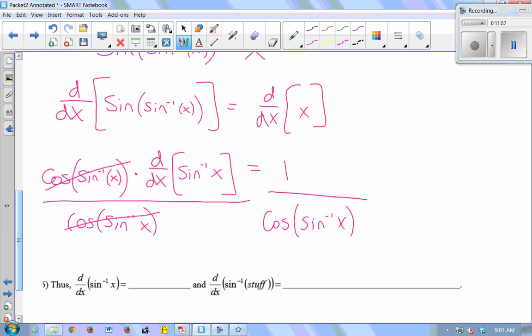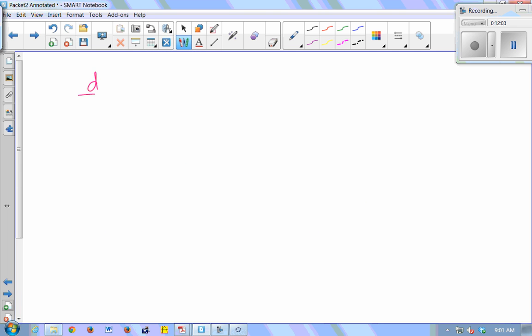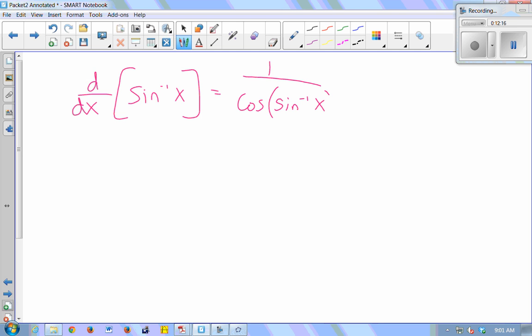And I have that the derivative of the inverse sine is 1 over the cosine of the inverse sine. Okay, but I can do a little bit better. I can simplify that a little bit.